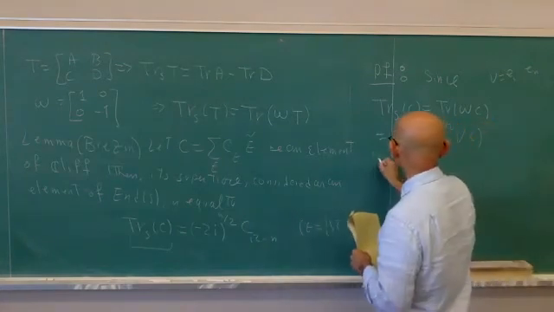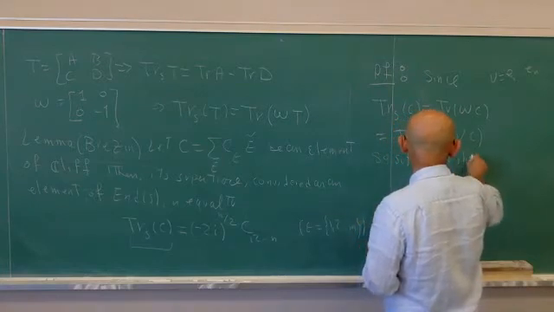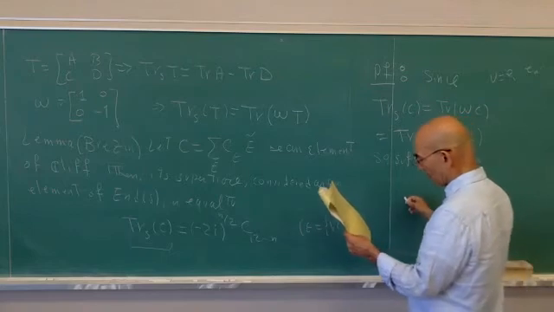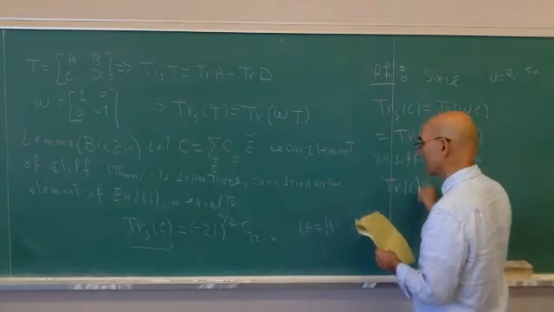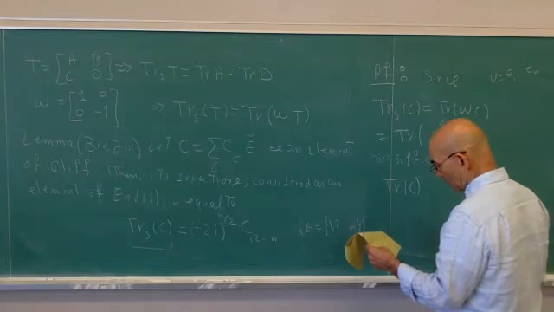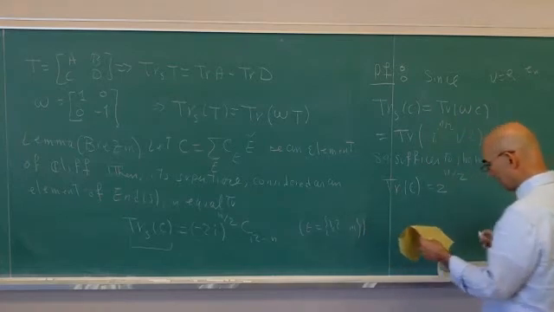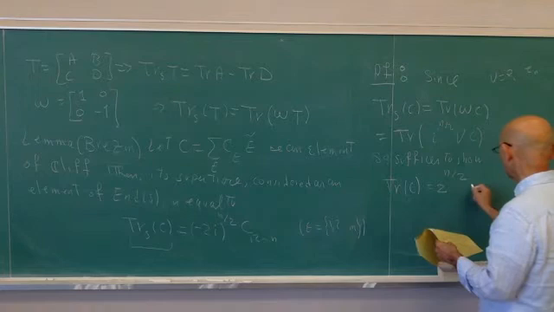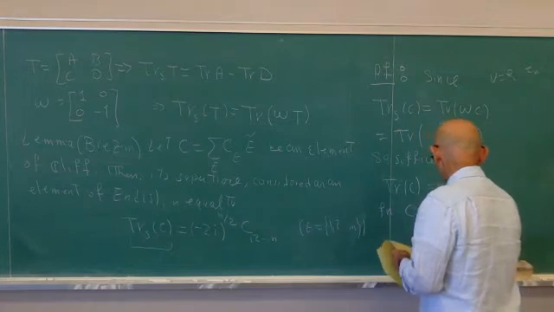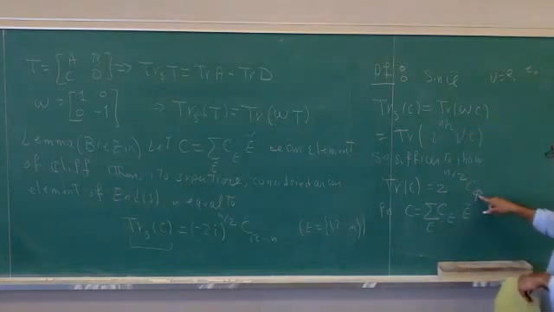So it suffices to show that, if you want to compute this trace, it's enough to show that the usual trace of any C of the form C is equal to 2 to the n over 2 times C_empty, for C equal to the sum of C_E times E tilde over E. So in other words, what is this C_empty?